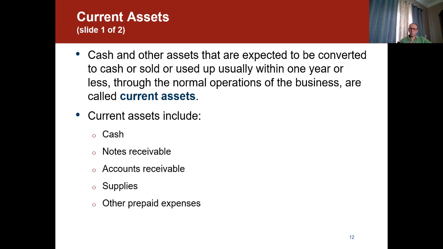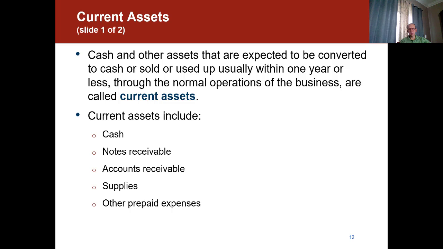And there are also these other assets that we expect to be converted to cash, sold, or used within a period, and this is very critical, 1 year or less. That's the most important thing about current assets. The cutoff line is 1 year. If it's something that's going to stay in the business for a period longer than a year, it cannot be classified as current assets.